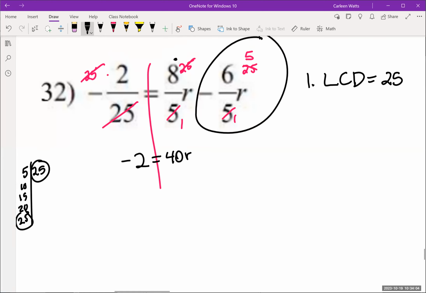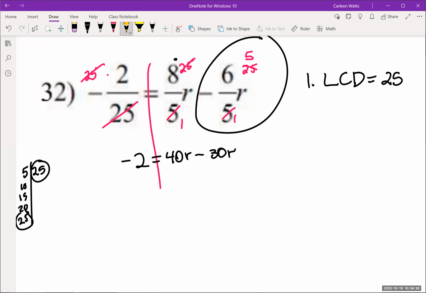Okay. How about this one? What comes down? Very good. What about the sign? Minus 30R or plus negative. Yeah. So this is the clear the denominator method.